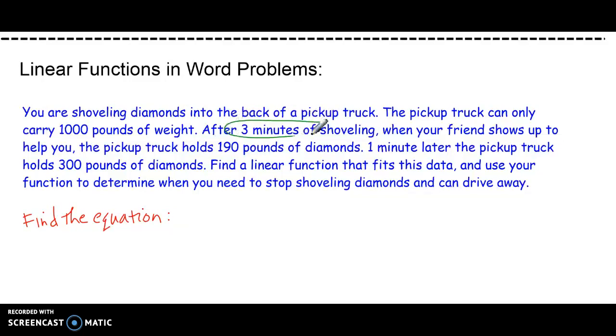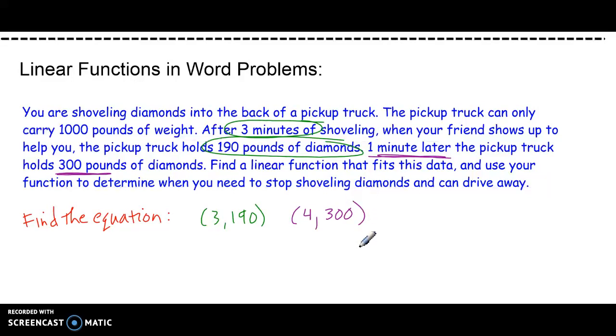3 minutes of shoveling and 190 pounds of diamonds, you can think of that as coordinates. There's two values that are related. You could say x and y. X is 3, y is 190. And then when we've got 1 minute later, there are 300 pounds. That's a second point.